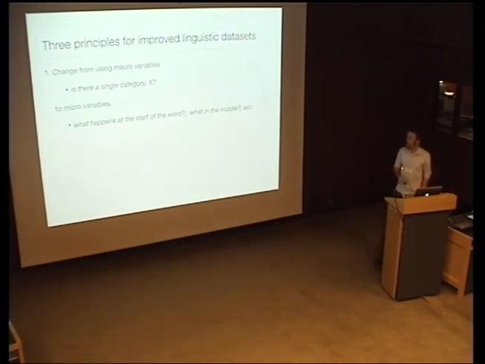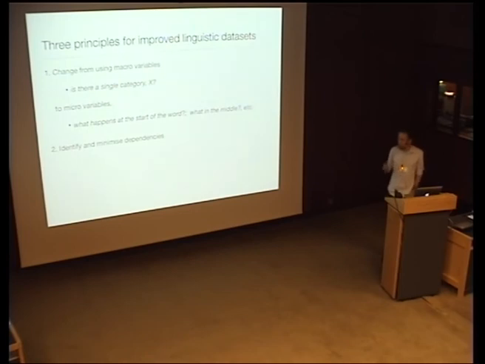So what happens at the start of the word? What happens in the middle? What's the effect of adjacent sounds? These are questions which have not been sexy or publishable terribly much in linguistics before, but this is exactly what we need if we're going to do real statistics with data that's not nonsense.